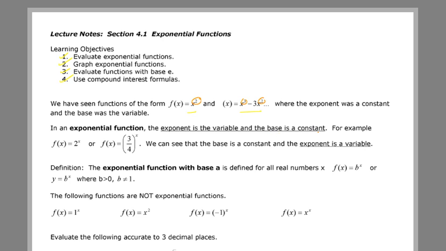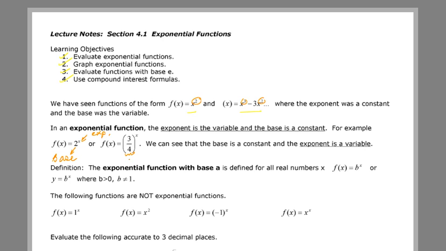The base is going to be a constant. So instead of x squared, we'll see 2 to the x, where 2 is the base, x is the exponent. And it's going to be a whole different type of graph that's going to go with this type of function.